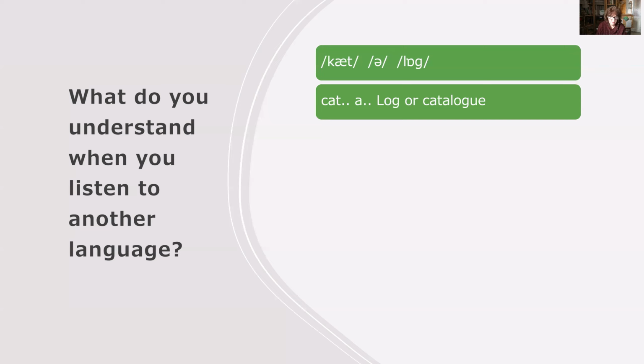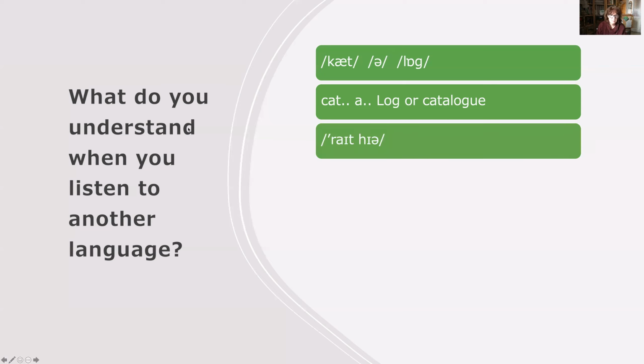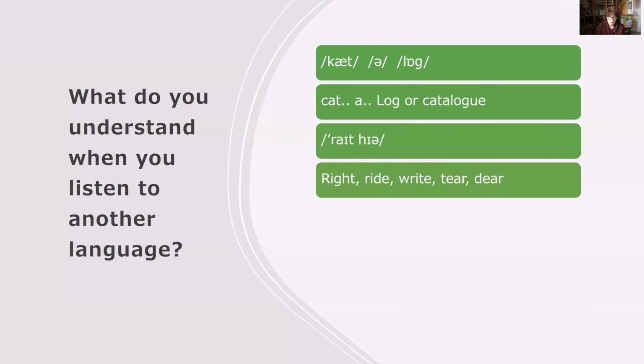Let's try another example with this. Perhaps you remember in the last video, we had "right here." Again, you might hear "right," but you might hear "ride." Here are a whole selection of things that you might understand.